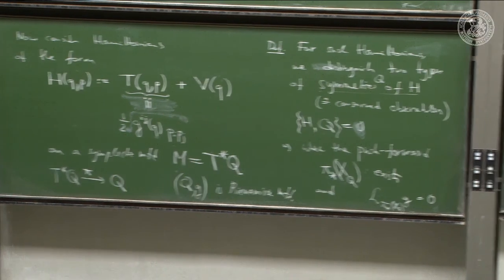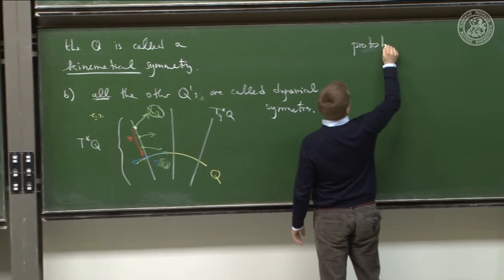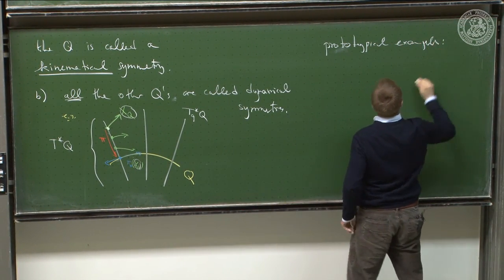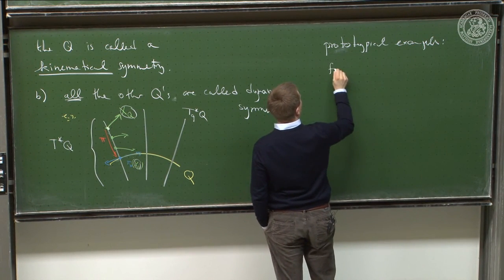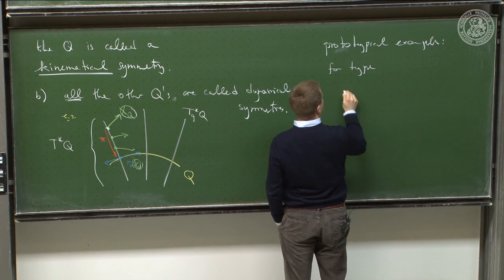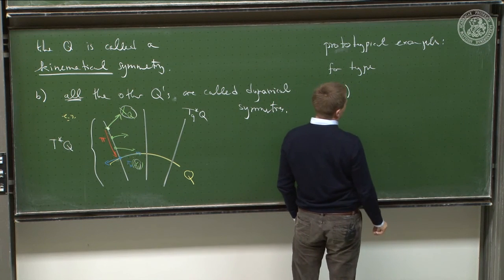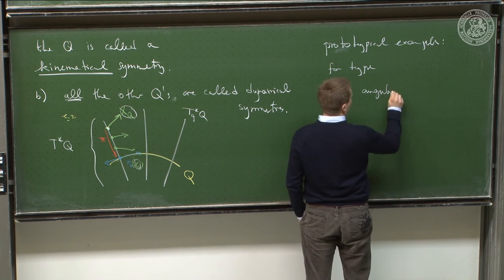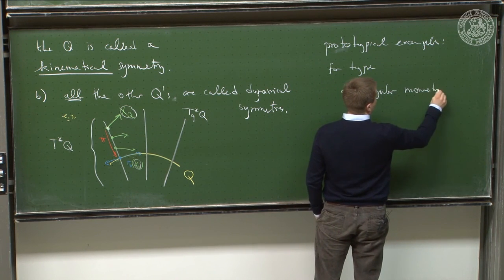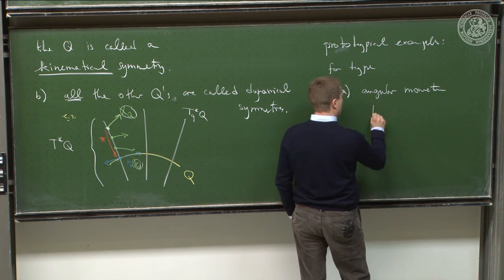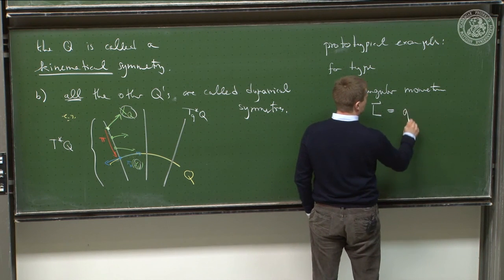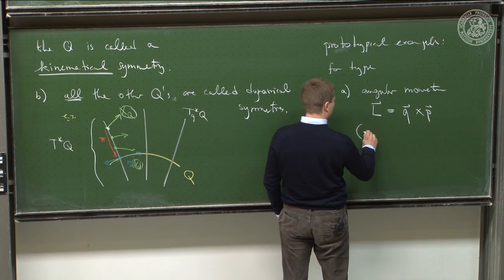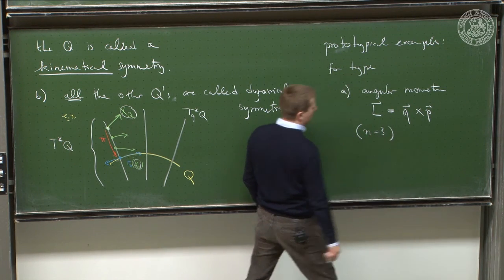So prototypical examples for type A are, say, the angular momentum L, which is Q cross P. So this is obviously on n equals 3.